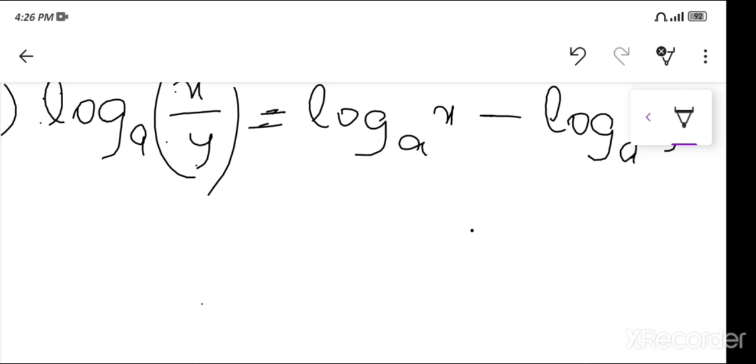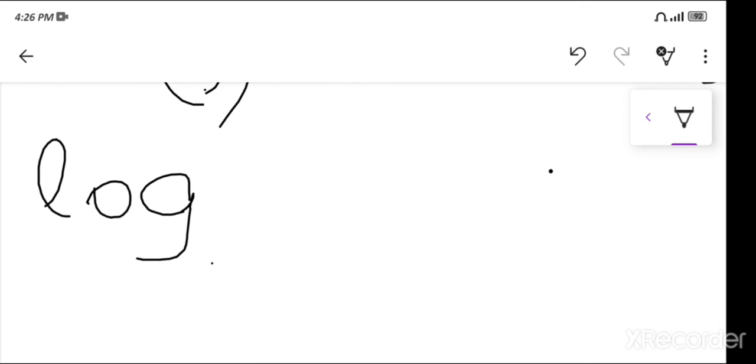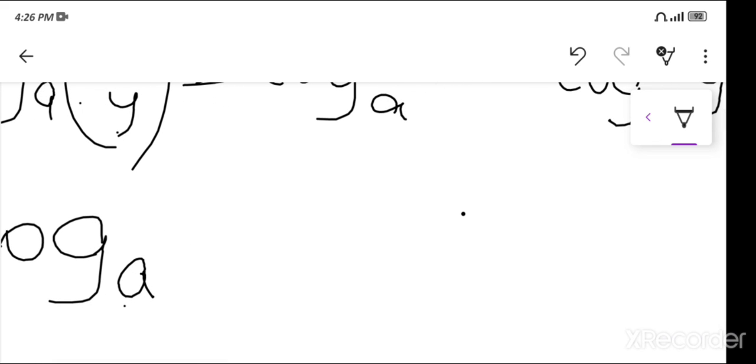Alright, now we need to divide it. Oh sorry, it didn't give the base as I told you.